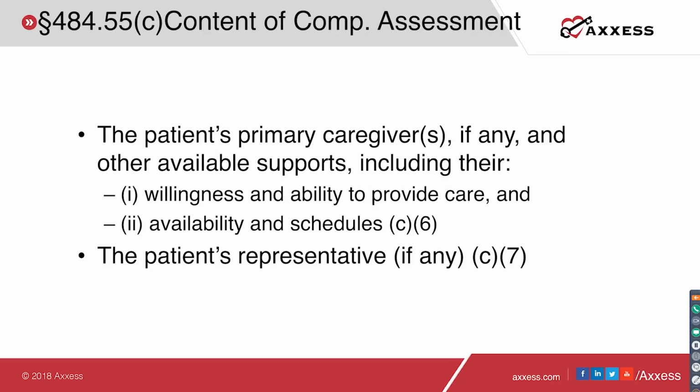In the comprehensive assessment, we must also record the patient's primary caregiver or caregivers, if any, and other available supports, including their willingness and ability to provide care and the availability and schedules. And then we also have to record the patient's representative if they have any. Now, we realize that this can be quite often difficult to get.